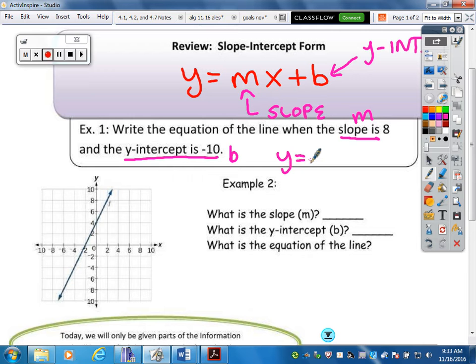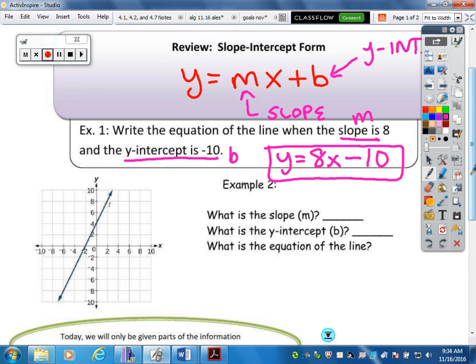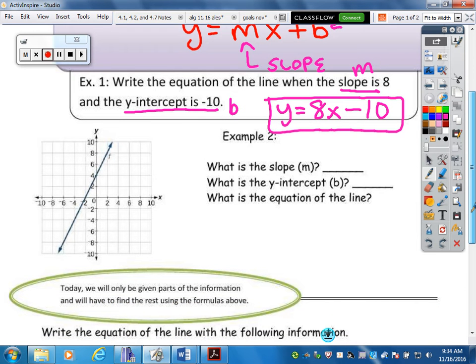So y equals 8x, and then b is -10, so -10. And that would be it. Then we're done. So those are simple. Today we'll be given information about the points, the x, y, and asked to find the y-intercept.